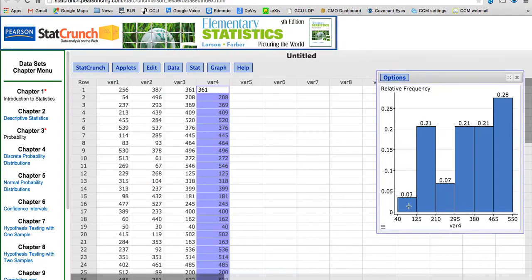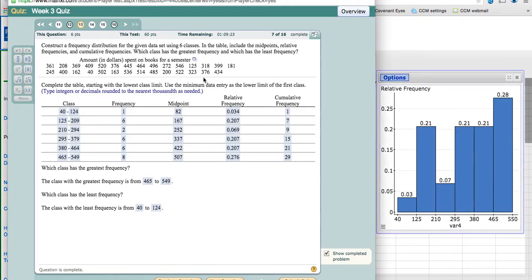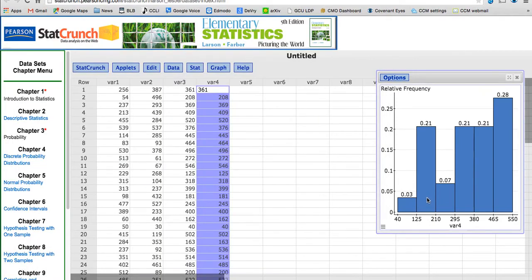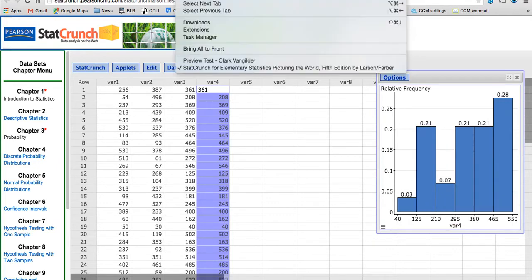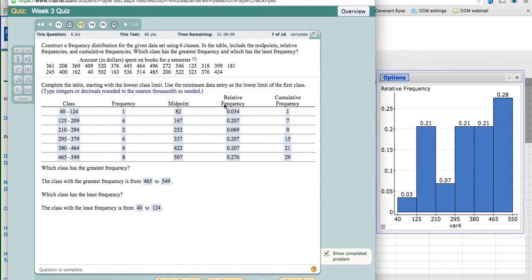So what you need to do is hover over it, and you can see that it shows 0.034, and that one's going to be 0.206. And so if we go back and look at this answer key, 0.034, 0.207, so that must mean that this one rounded. Right, 0.2068. So you could get all of the data that's in what's required here.